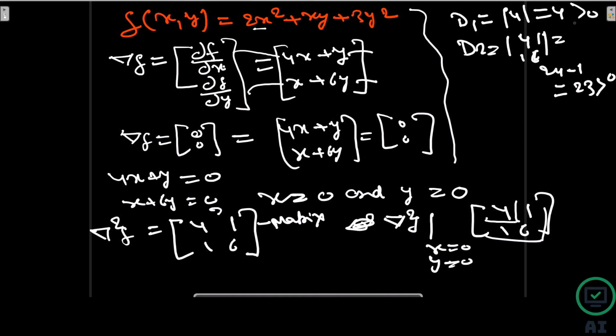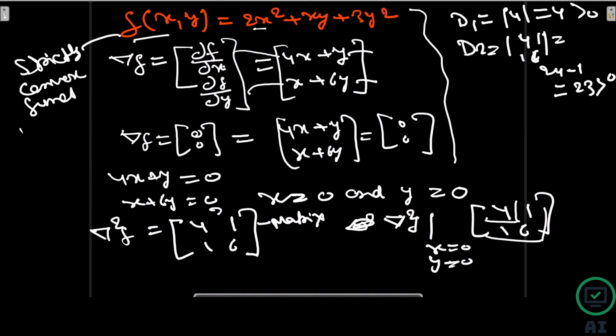The first one is also greater than 0. So this is a positive definite matrix, and then we can conclude that this particular function is a strictly convex function.